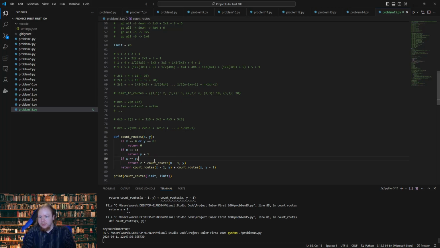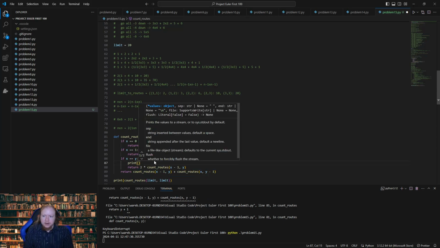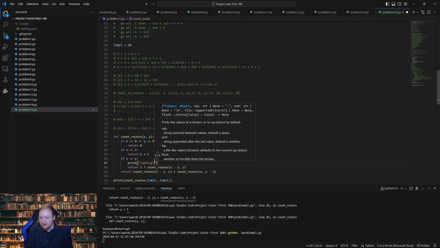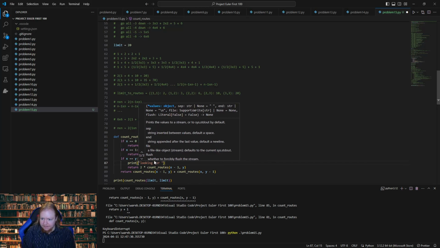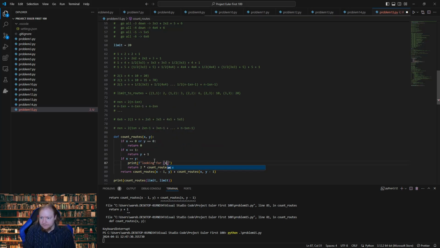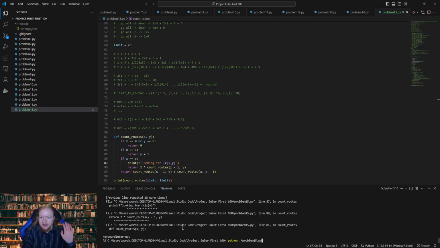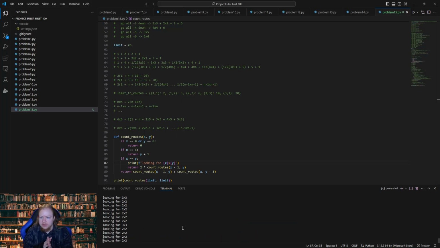Okay, I am very impatient right this second. I just want to see it doing things, right? Yeah, so it's looking for 2x2 repeatedly. Not a good sign.